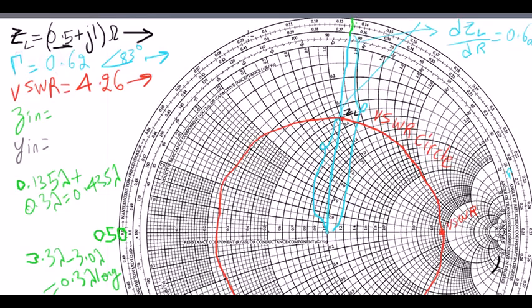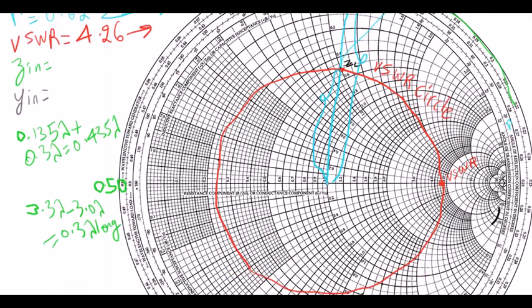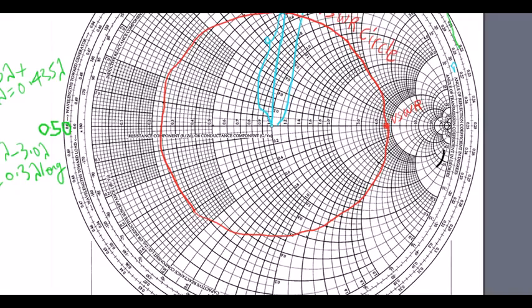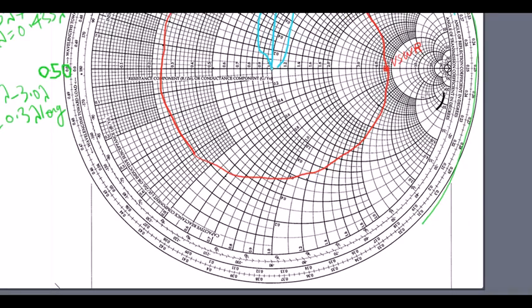So let's try to draw this here. It goes all the way. We need to find the point 0.435. So it's approximately here.